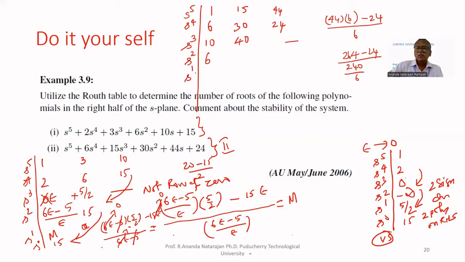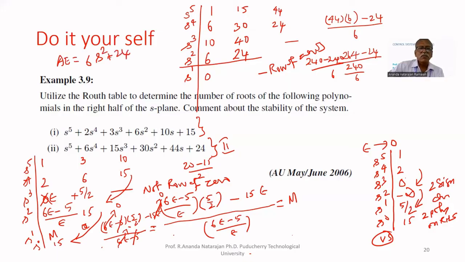S power 1. S square 24 here you will get. So S power 1 is 240 minus 240 divided by 6, 0 you will get. So a row of zeros you will get. So we have to take this S square row. So auxiliary equation is 6S square plus 24.